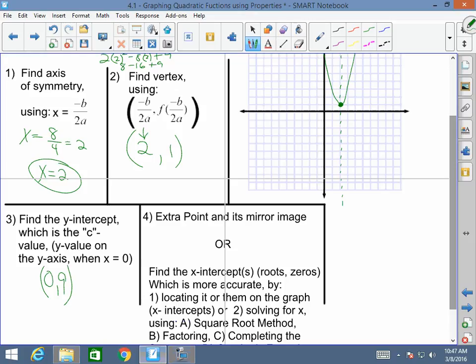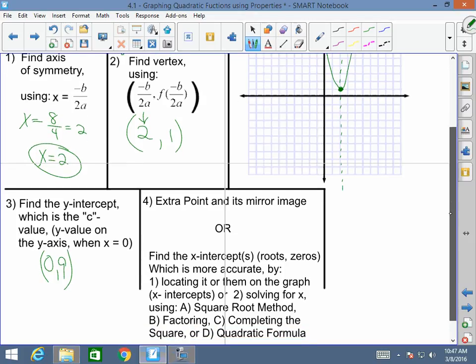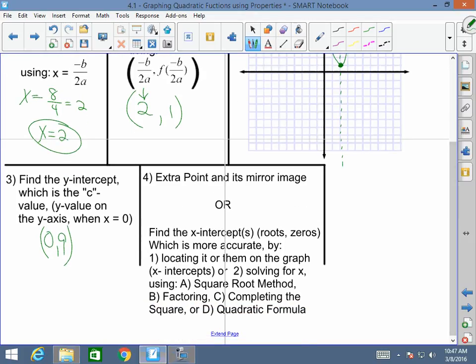Or you find the x-intercepts, the roots, the zeros, which is more accurate, by either 1, locating it or them on the graph if they're perfect and pretty and you can see them perfectly, or 2, solving for x using the square root method. We're going to learn it. Factoring, you already did it. Completing the square, we're going to learn it. And quadratic formula, we're going to learn it.